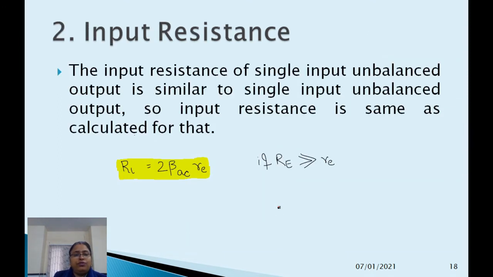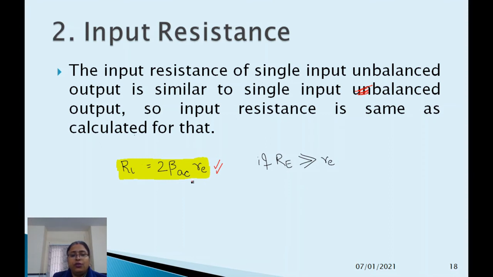So next is the input resistance. The input resistance of single input unbalanced output is very much similar to the single input balanced output. So the input resistance is same as calculated for that. That is equal to 2 times beta AC into RE. In the same video we have calculated in the previous slide, so you can refer to that.